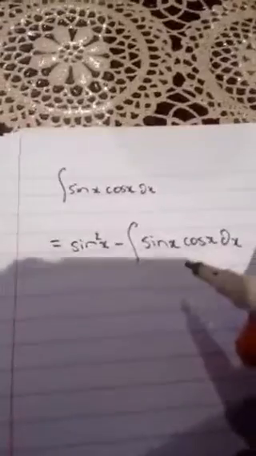Integral of sine x cos x equals uv. So u is sine x, and v is sine x, so sine squared x, minus the integral of v du, which is sine x cos x dx. Okay, now we're getting somewhere. So it is the integral of that minus itself.